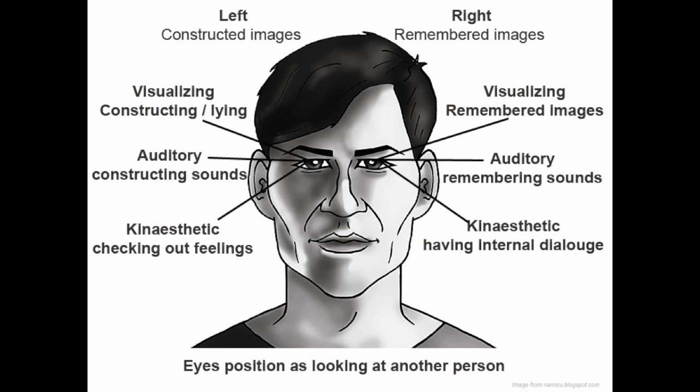As you can see, the left side is often constructed images and the right side is remembered images. Visualizing constructed or lying, visualizing remembered images, auditory construction of sounds, auditory remembering, kinesthetic checking out feelings, and kinesthetic having an internal dialogue. This is the general basis for the majority of the population.